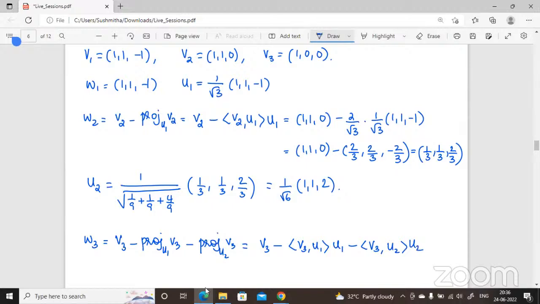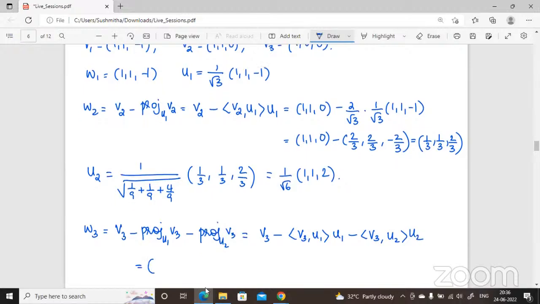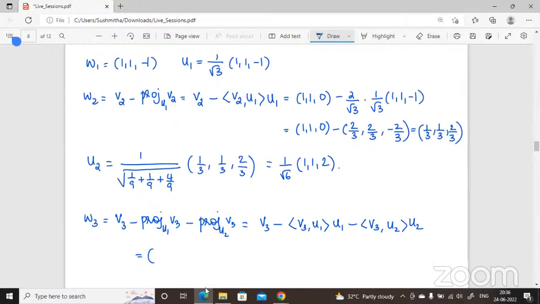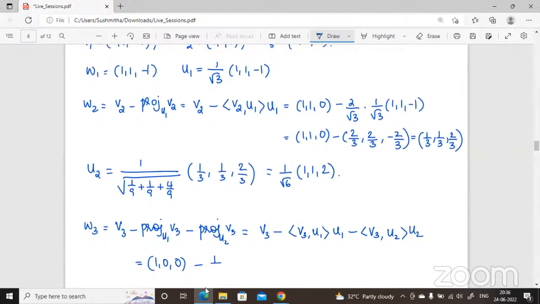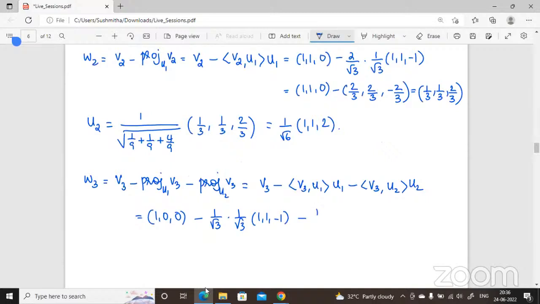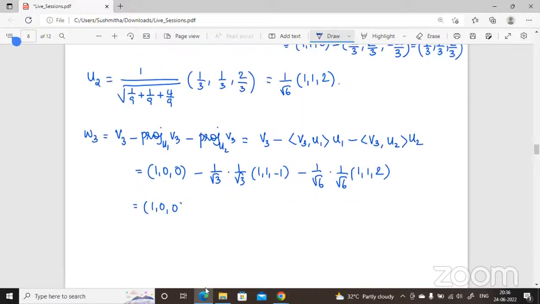U2. So V3 is (1, 0, 0). V3 with U1 is 1 by root 3 times 1 by root 3 times (1, 1, -1). V3 with U2 is 1 by root 6 times 1 by root 6 times (1, 1, 2). So that's (1, 0, 0) minus (1/3, 1/3, -1/3) minus (1/6, 1/6, 1/3).